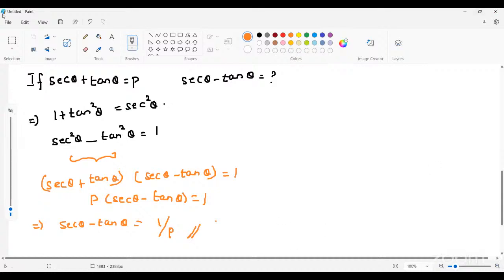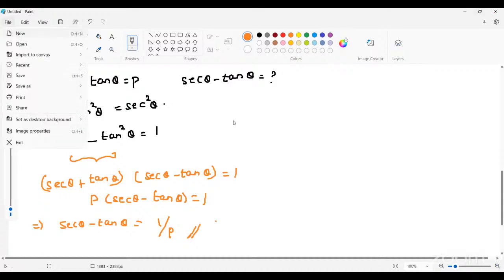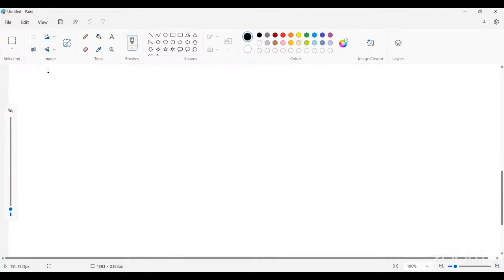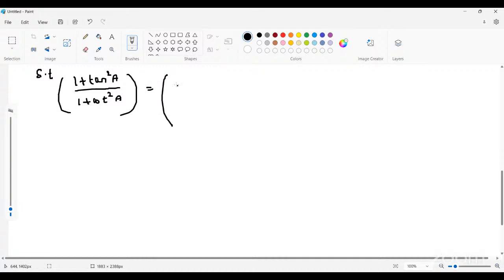Right. See here. The next sum is, you need to show that 1 plus tan square A by 1 plus cot square A is equal to 1 plus tan A by 1 plus cot A, the whole square, and this is equal to tan square A.